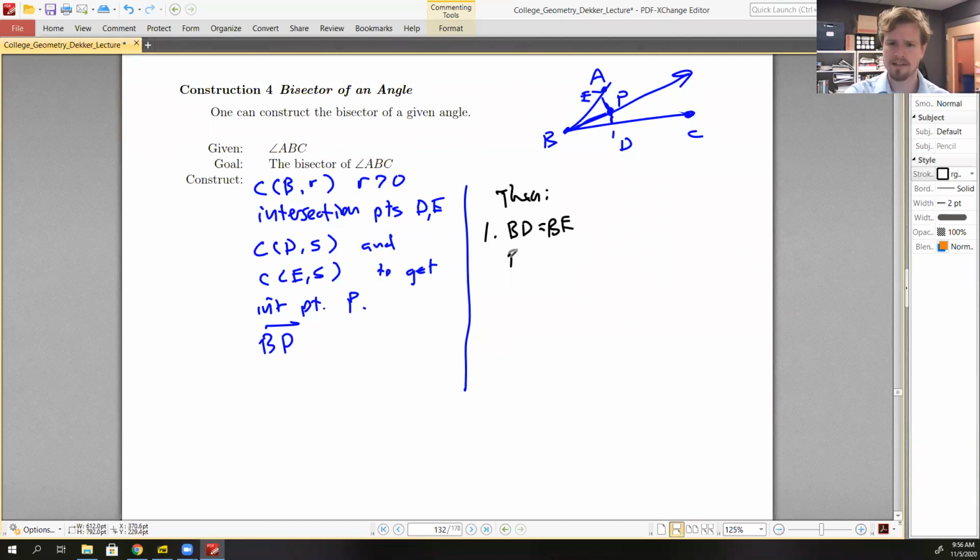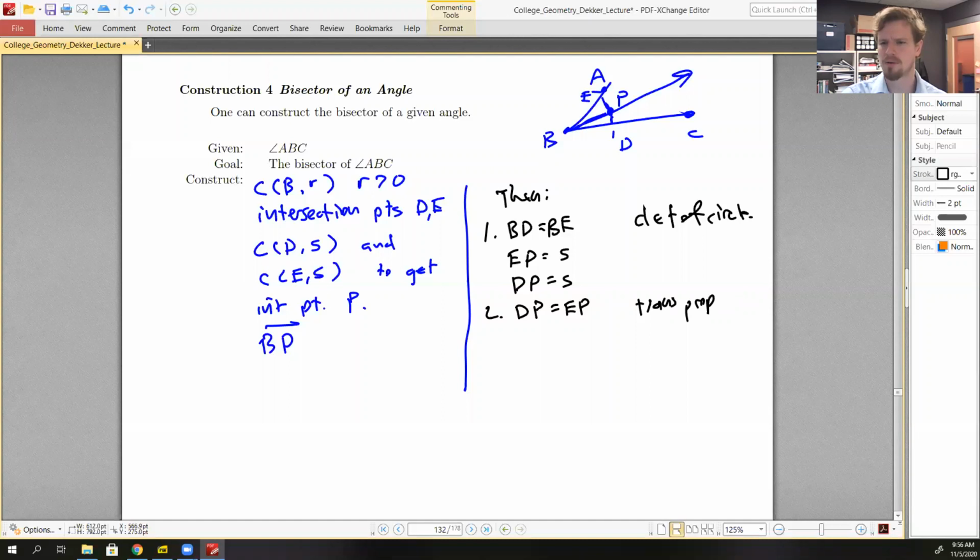But we have that EP is equal to the radius and that DP is equal to the radius. Those are all by the definition of a circle. So DP is equal to EP by the transitive property of equality.